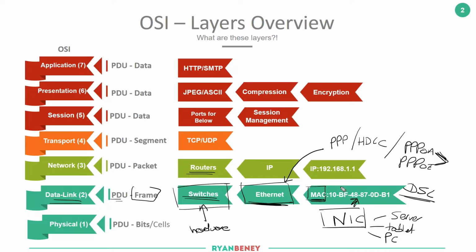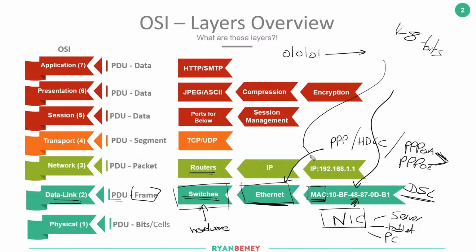The reason it's globally unique is because this MAC address here is actually 48 bits long, so that essentially means 1s and 0s 48 times. If you turn that into hexadecimal, it will come up to an average MAC address.